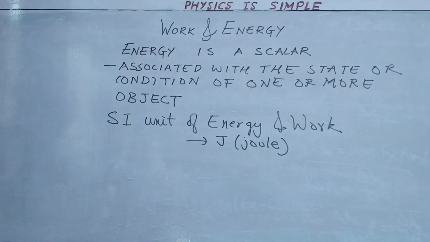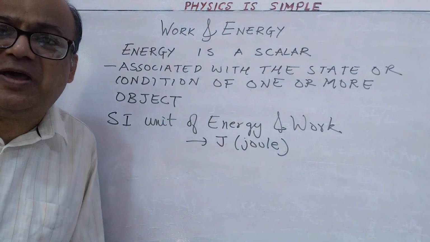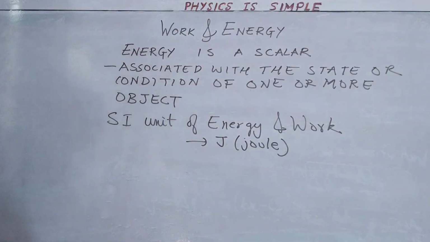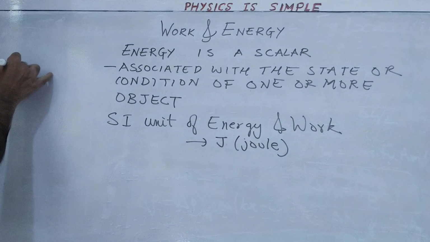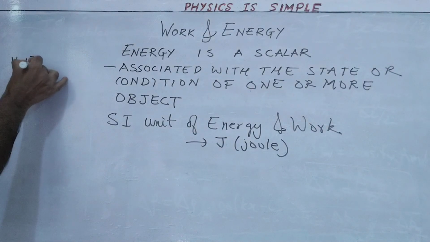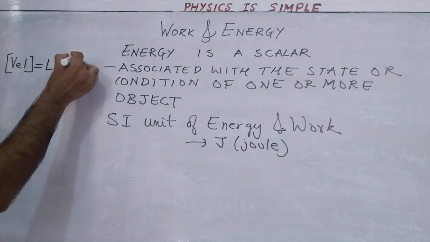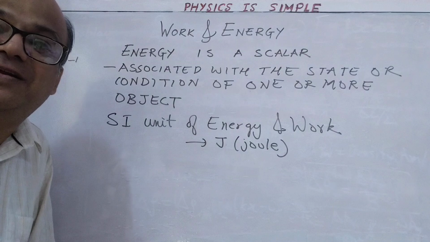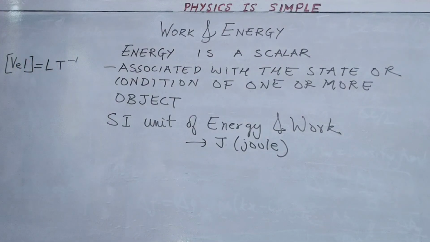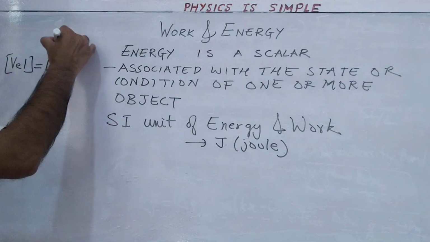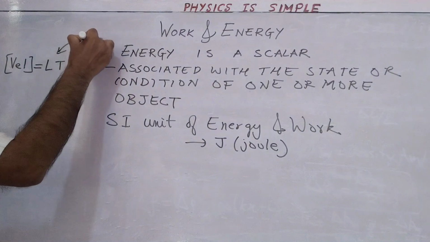Okay, so we start from velocity. What is the dimension of velocity? Velocity is displacement divided by time. So therefore, the dimension is LT^-1. That is the dimension of velocity. If you forget this, you remember the unit meter per second.